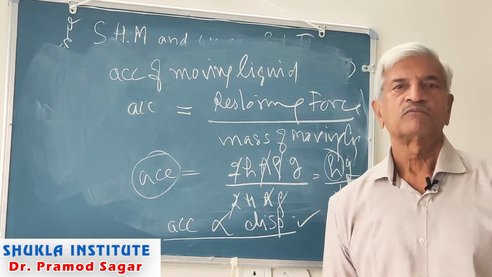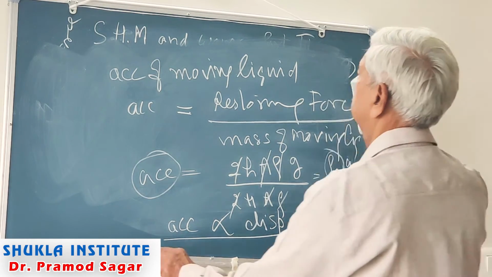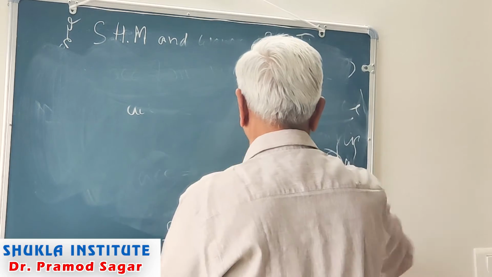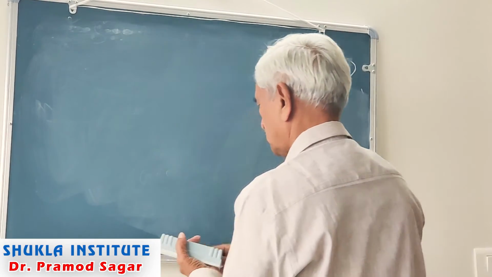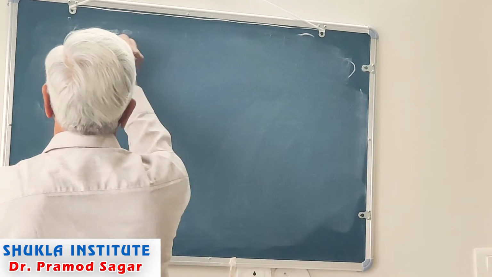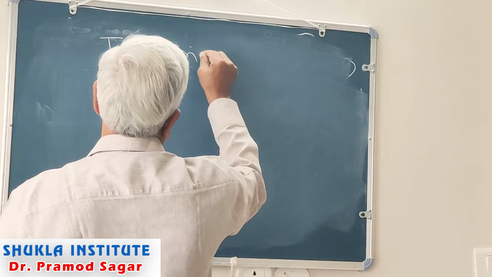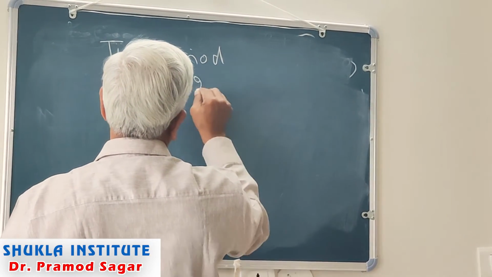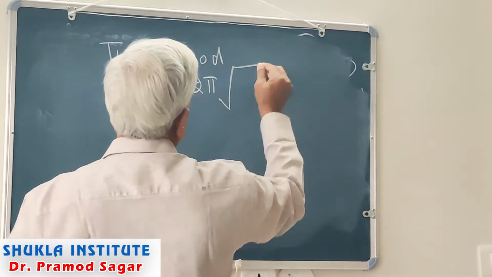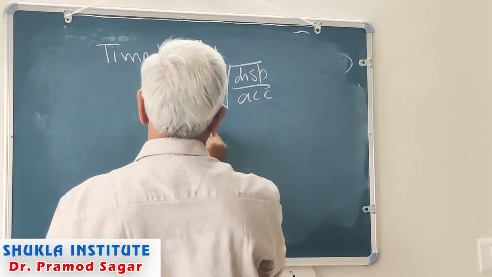So we can now find out the time period of the motion of such a liquid. We have already obtained the formula that time period is equal to 2 pi root of displacement upon acceleration.